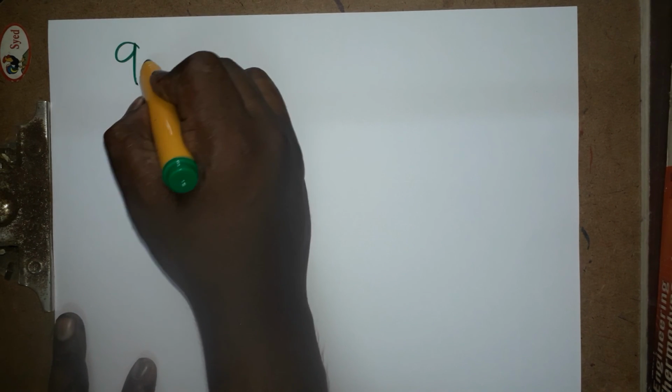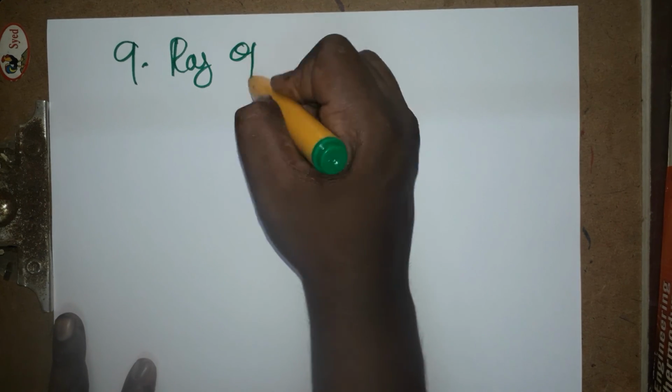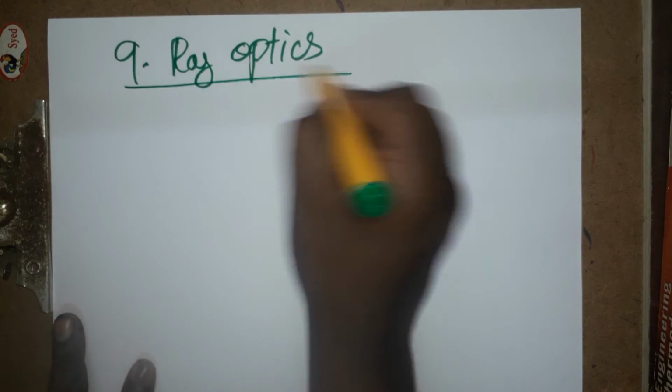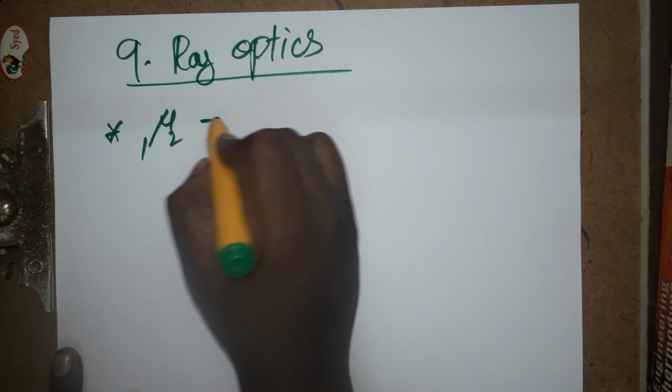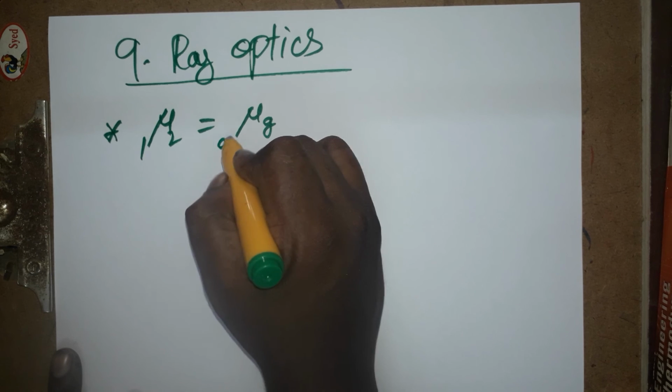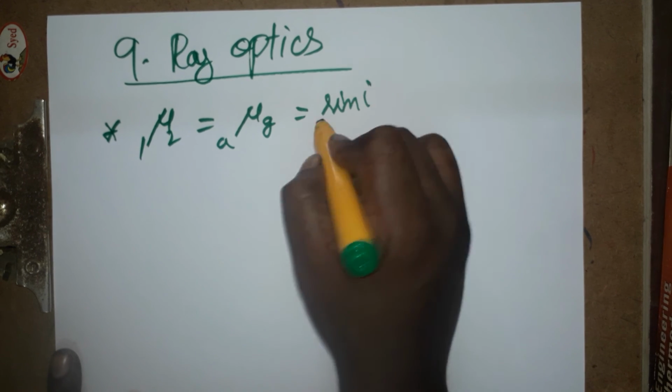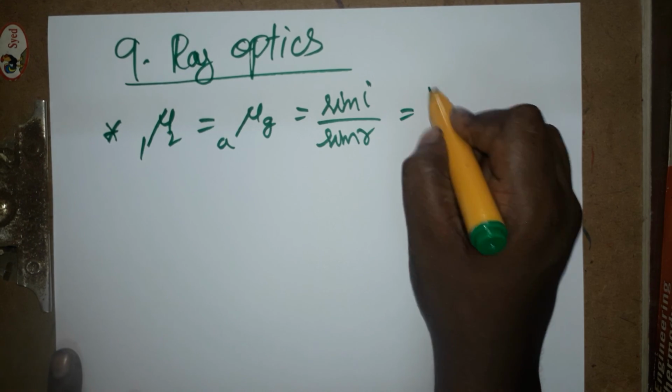So mu of 1 to 2, the refractive index of the second medium with respect to the first medium, for example air to glass, is going to be sin i by sin r, or v1 by v2.